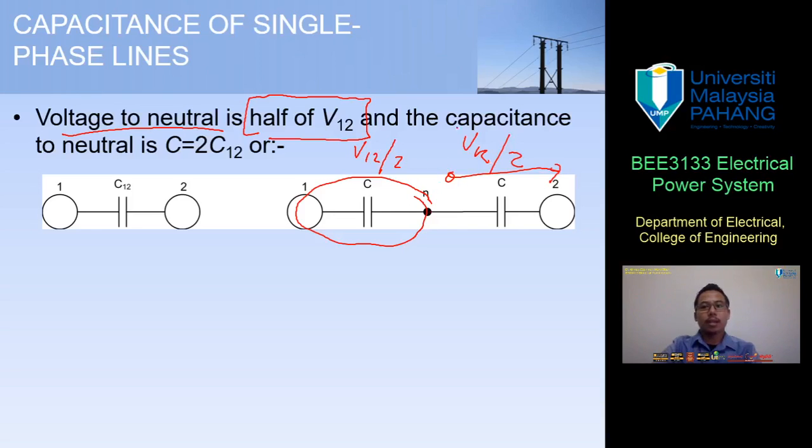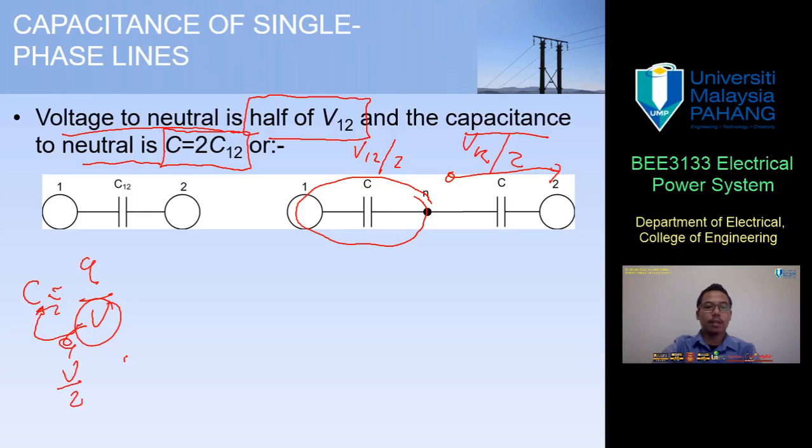So the capacitance to neutral is equal to 2 times C12, because the original equation is C equals Q over V, and V now becomes half. So the new C is equal to 2 C12.